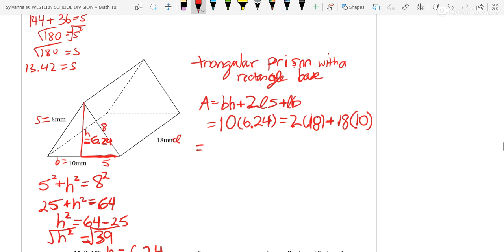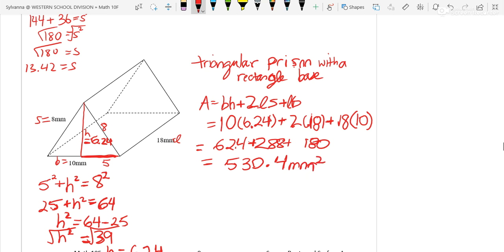So if I multiply some of these terms together, I get 62.4 plus 288 plus 180, and altogether this would be 530.4. This will be millimeters squared.